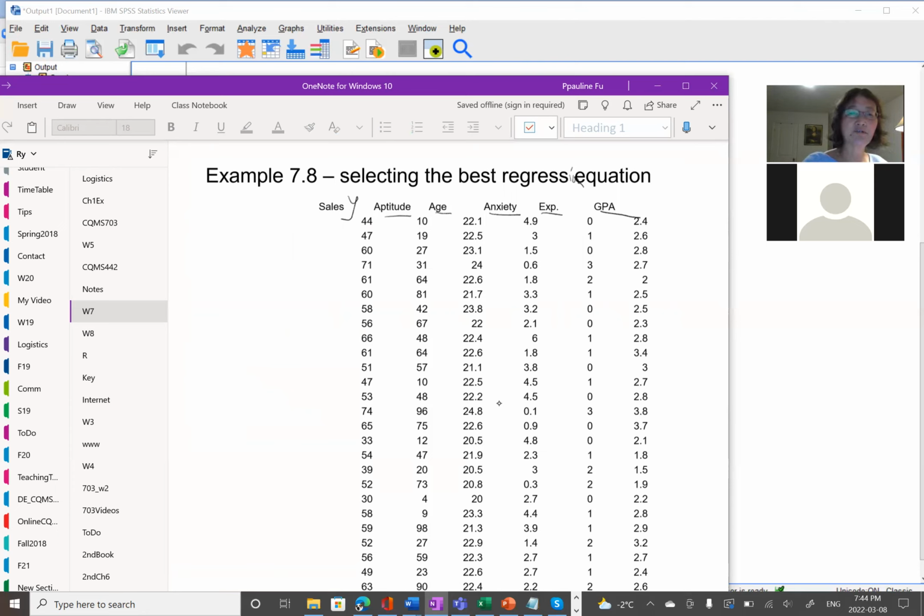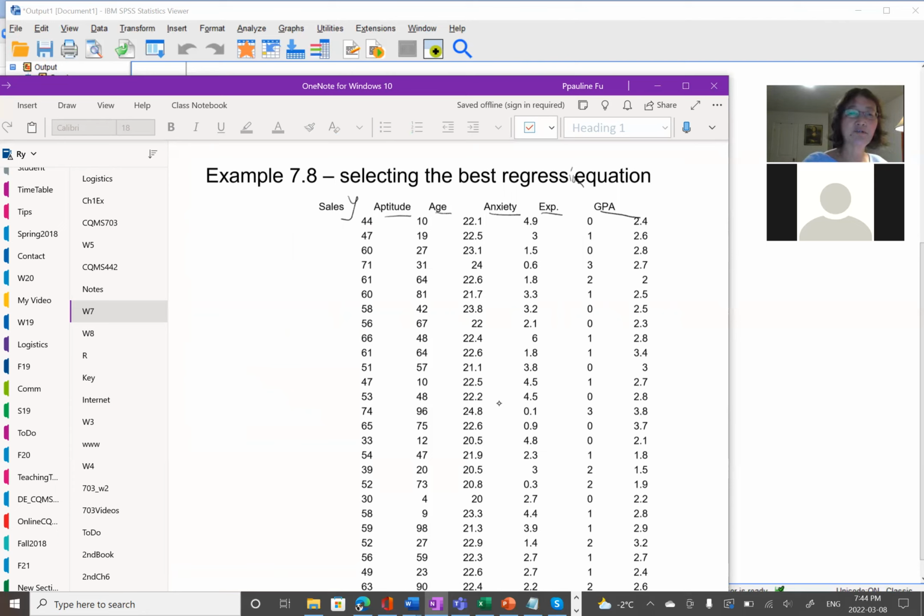I want to create a best model. I want to use SPSS to do it. So you go to Analyze, Regression. By the way, the best model is only available in SPSS. You cannot do the best model using Excel. Okay.